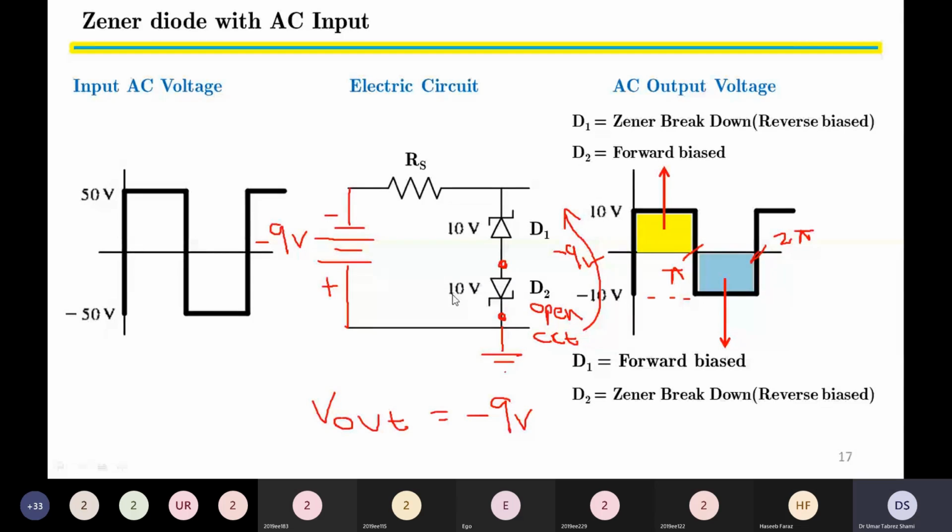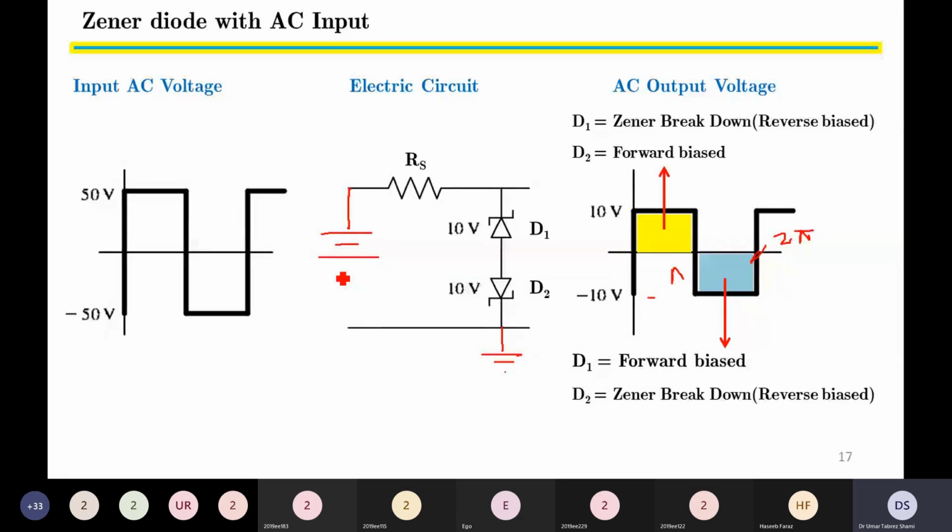This minus 9 volt will not reverse break down D2. Therefore, D2 is open and our output is also minus 9 volts. Our output voltage is following the input voltage. So we are aligned with the theory as mentioned in the previous lecture. Yes, sir.